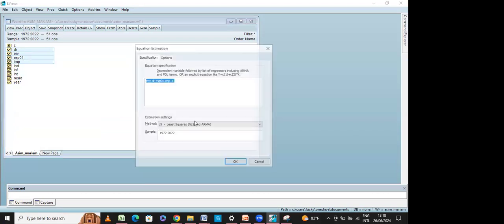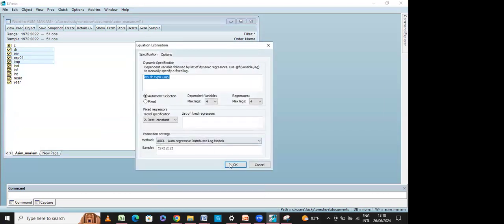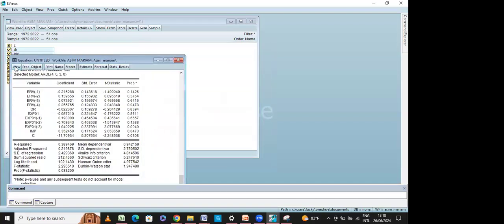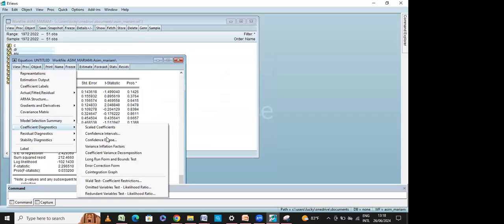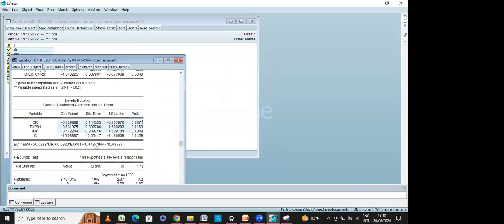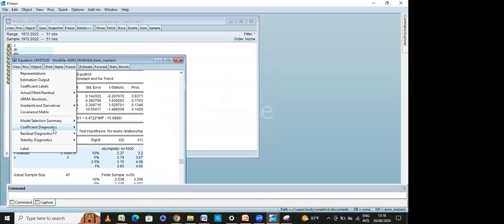Same thing, I am running the ARDL estimation, I just run it. Here I have those values. Here I have the long run form. These are my long run form. This is my F statistics. I just calculated the different variables.